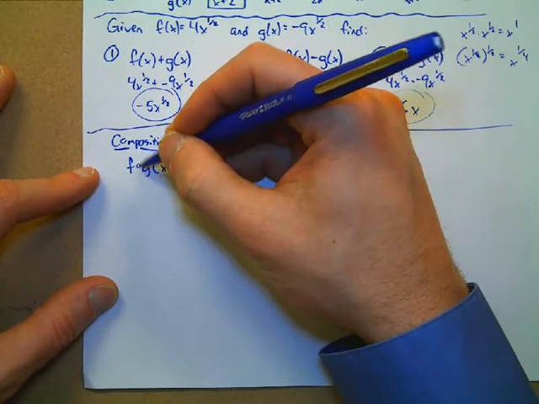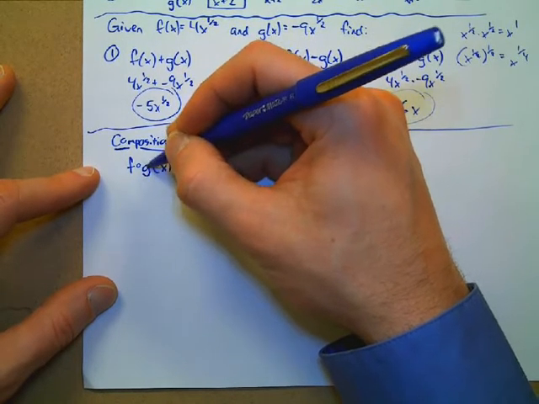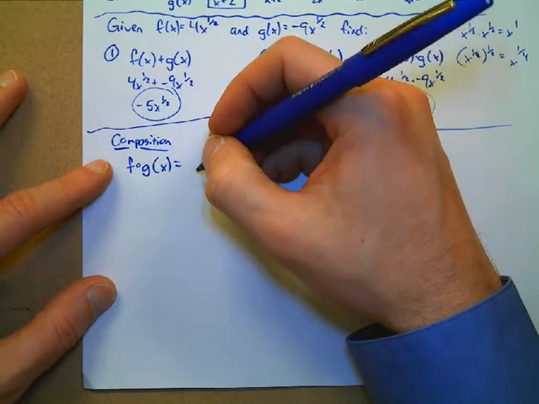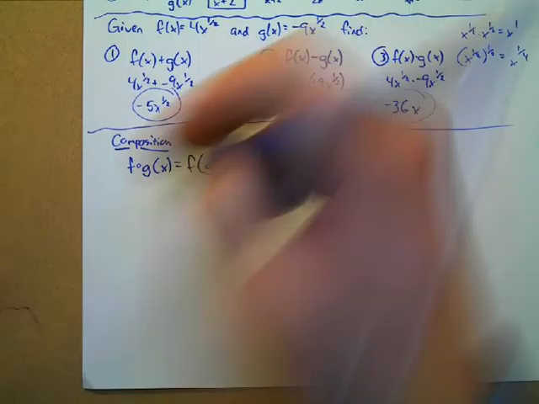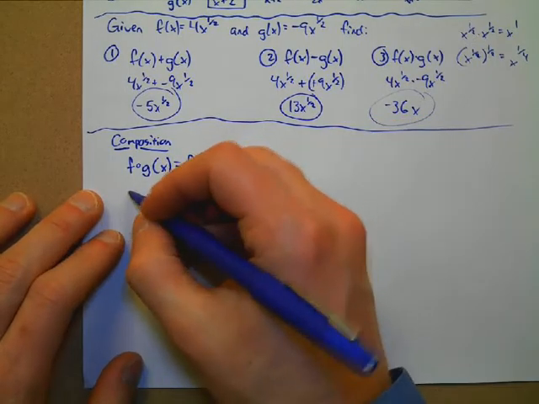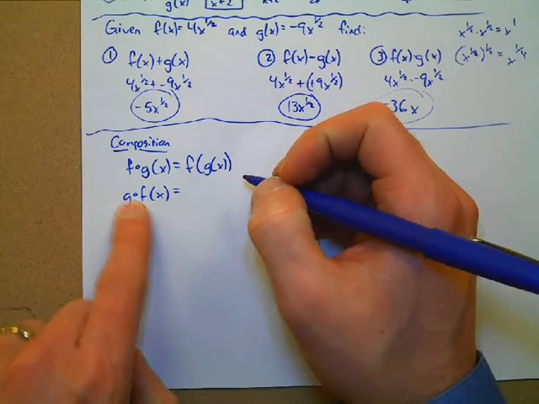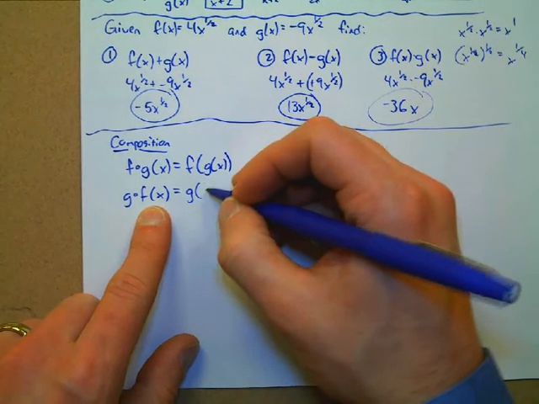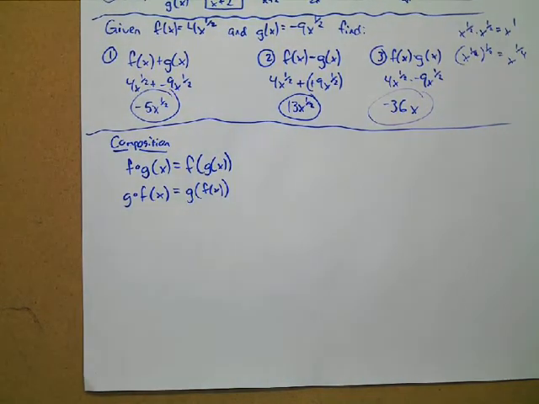It just means f of g of x. So you can see that g is plugged into the function f. Alternatively, you could see g of f of x, which is g, and then f of x is plugged into that g function. That's called a composition of functions. You're composing one function inside of the other, plugging one into the other.